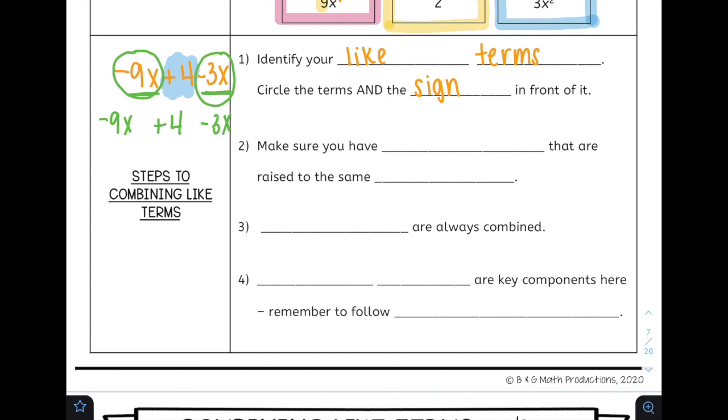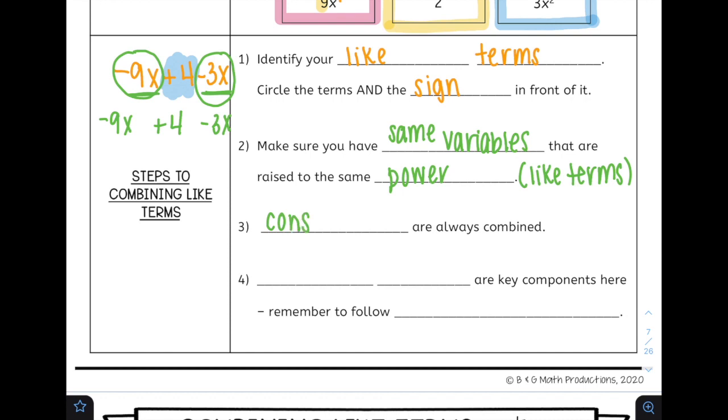Step number 2, make sure you have the same variables that are raised to the same power. Again, making sure they're like terms. Sometimes you might not even have like terms and you can't combine. But you also want to know step 3, constants are always combined.